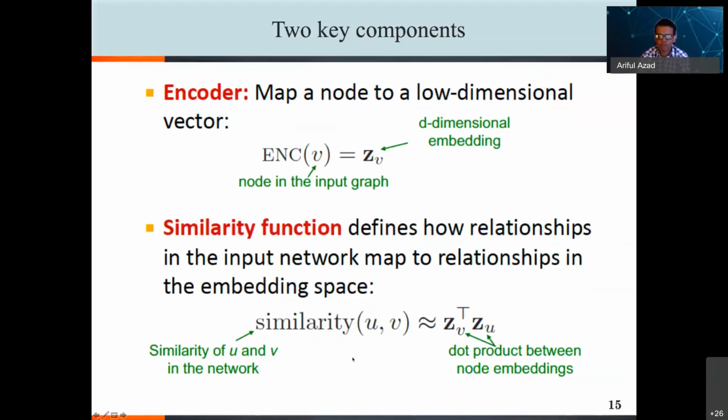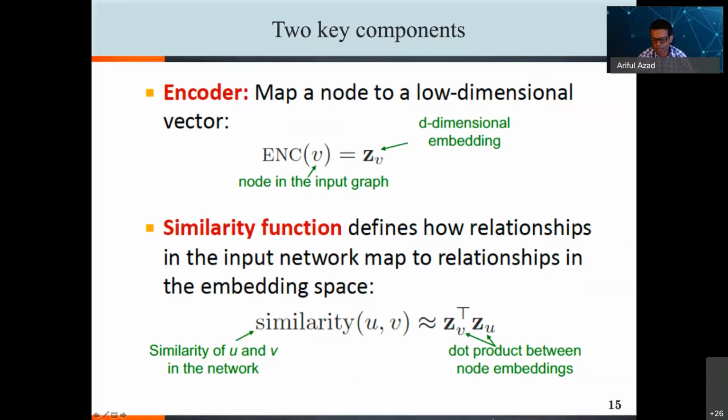How can we define similarity both in the embedding space and also in the original graph? Here, this term similar(U, V) defines how two vertices are similar in the original graph. For example, one simple notion can be if there is an edge between U and V, then they are similar. That is a valid definition. It can be something else as well.